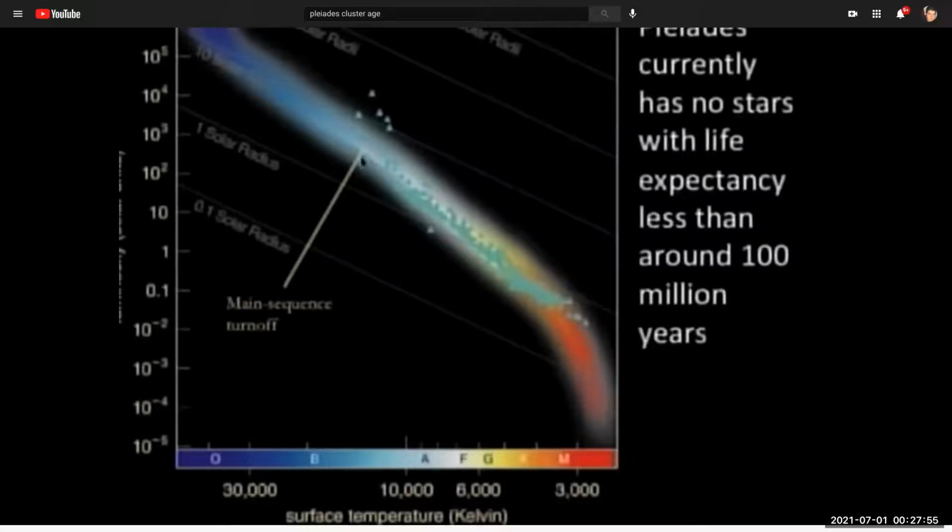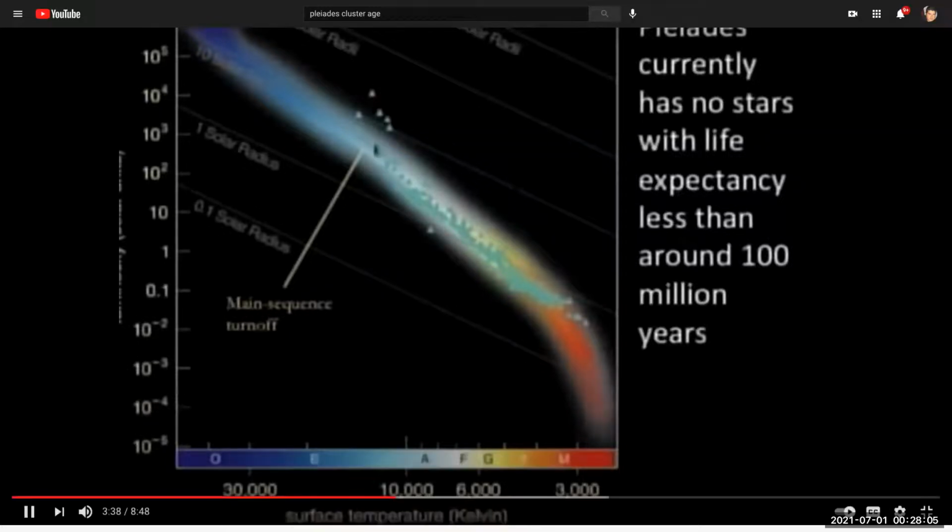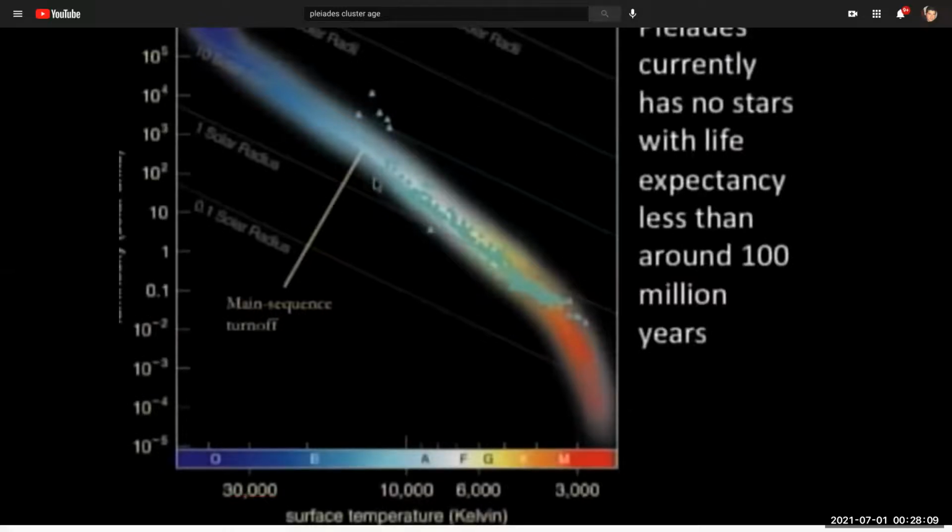And in fact, the late A stars, early A stars right here, they are leaving the main sequence. So what this plot tells us is that all of the O and B stars are not in the main sequence anymore. They have already died, okay?